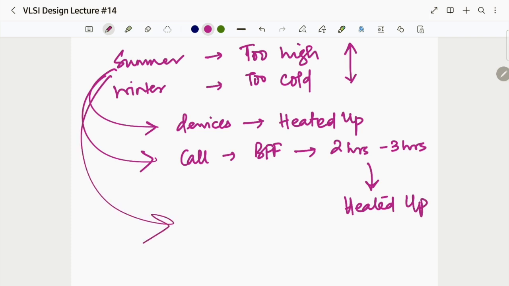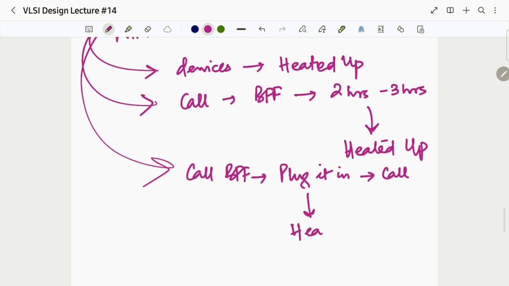Another point is that, let's suppose we are in a call with our best friend forever. Okay, so it is but obvious our phone will get discharged, isn't it? So what we do is we plug it in and then we keep talking. At that point also the device would get heated up.